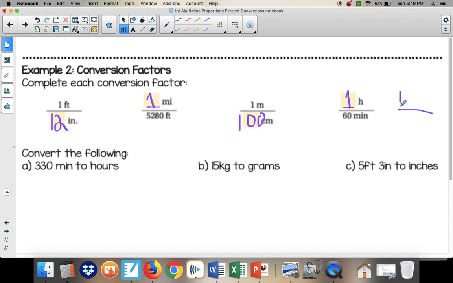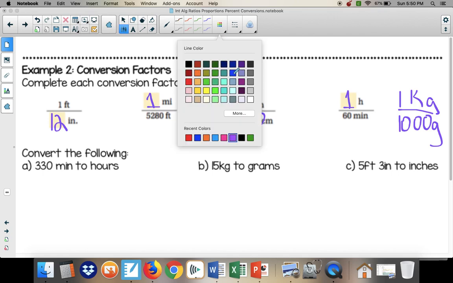Okay, so we're going to put 1 kilogram on top, and it is 1,000 grams on the bottom. So these are going to be some helpful information to be able to work through the rest of these problems.